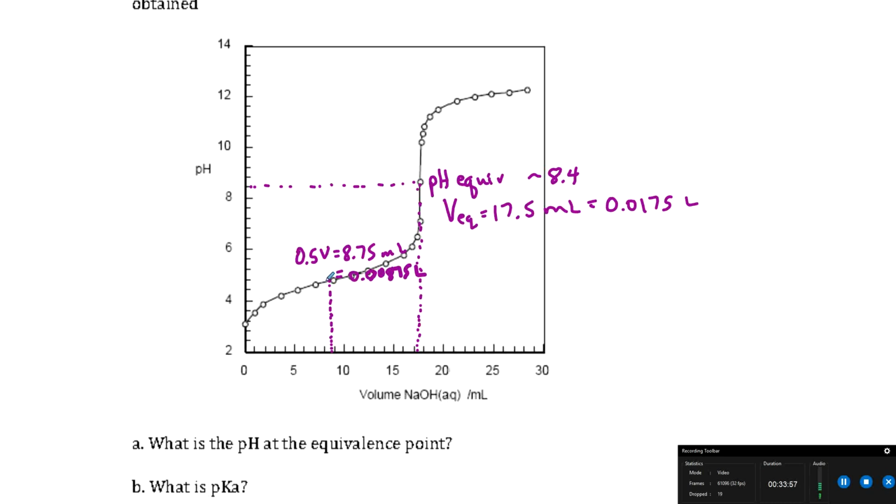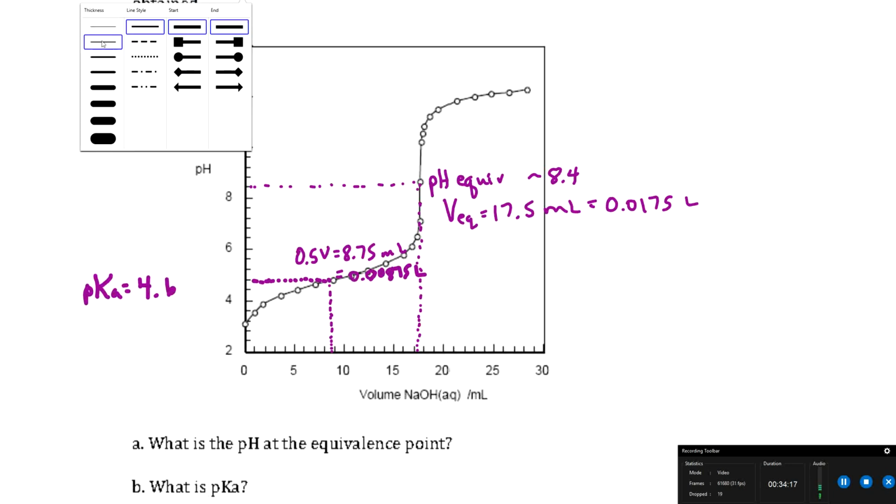And you could go over from there to here, and you could say that your pKa would be about 4.6. Okay, so these are all things that we can determine from that graph.